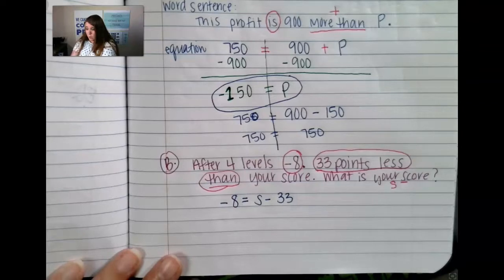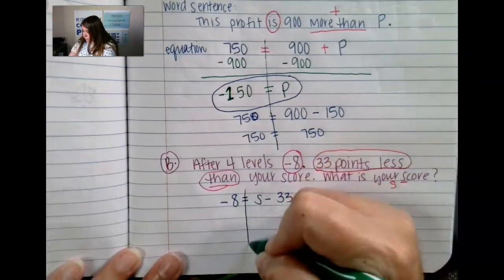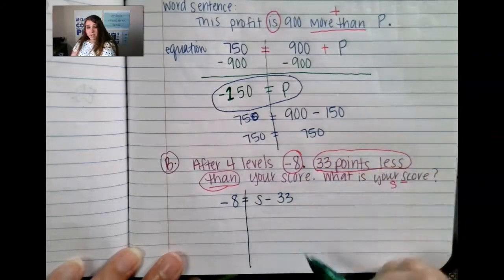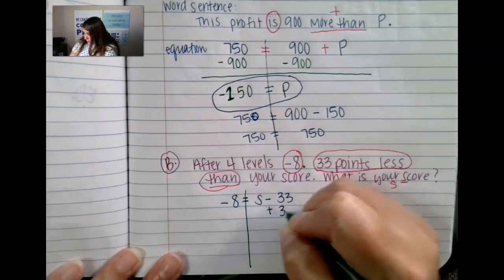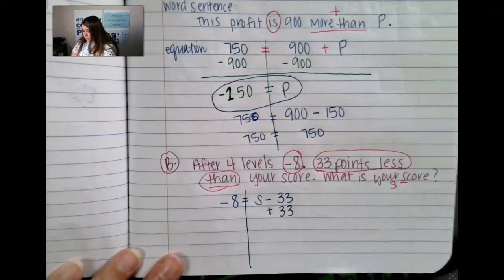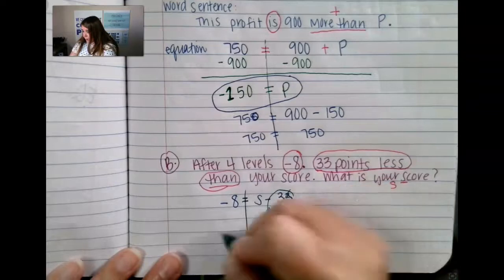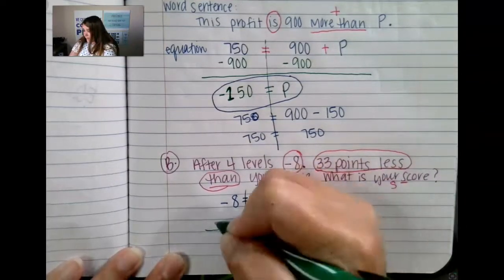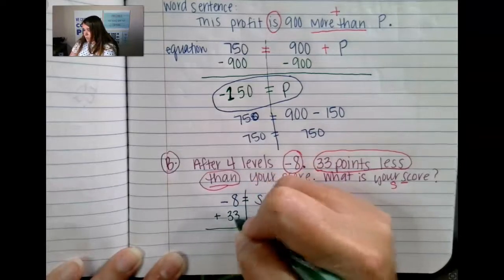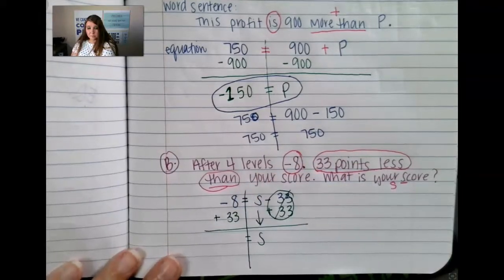Okay, so opposite. Right now it says subtracting 33. So instead we need to add 33. So if we add 33 on this side, it cancels out and the S comes down. And now we can add 33 on this side.